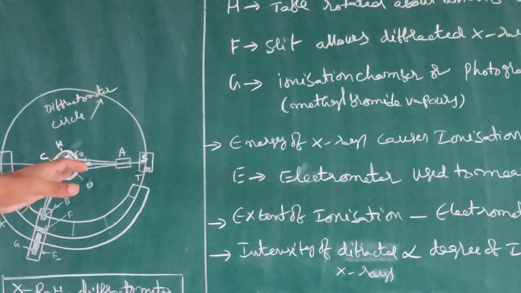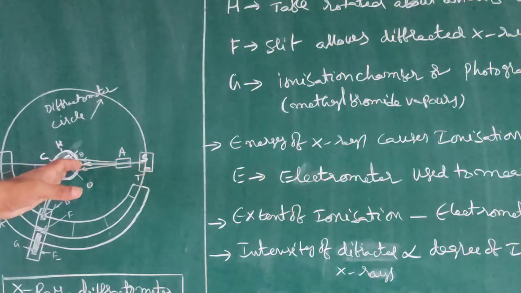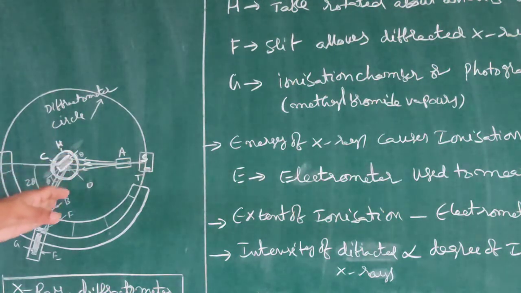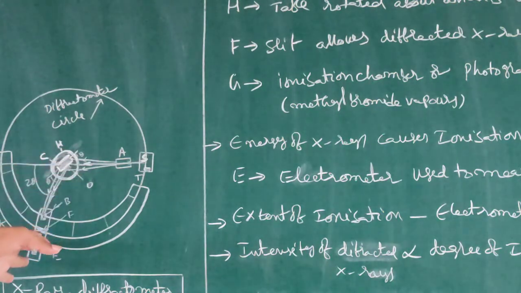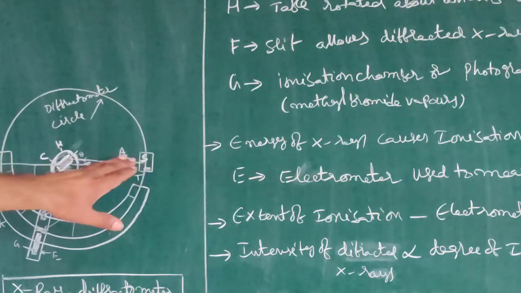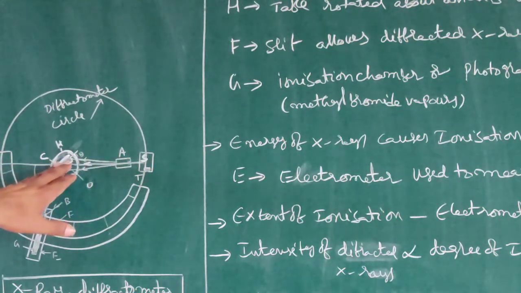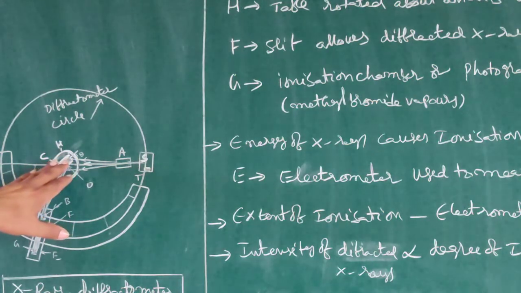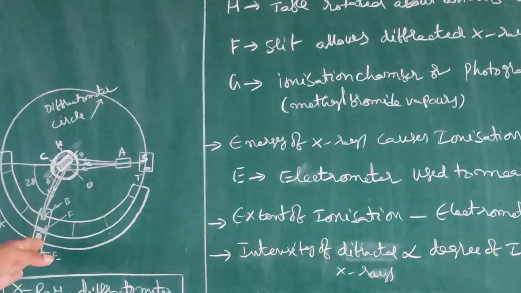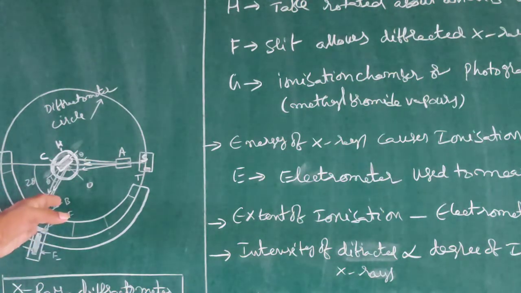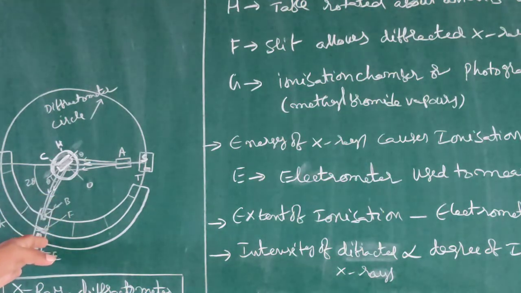After that, these X-rays can be diffracted towards this G, the ionization chamber, where these X-rays can ionize the methyl bromide vapors present in this ionization chamber.